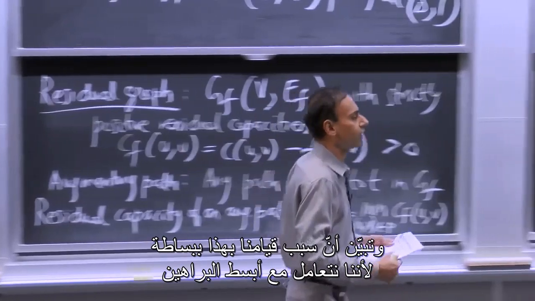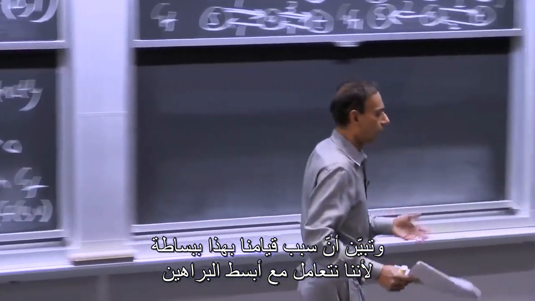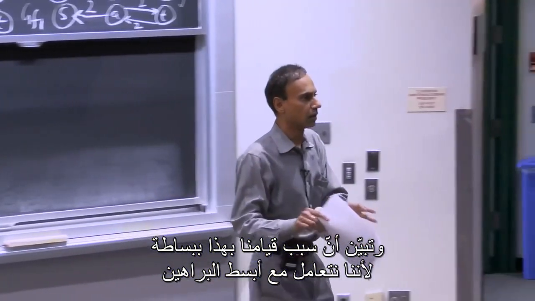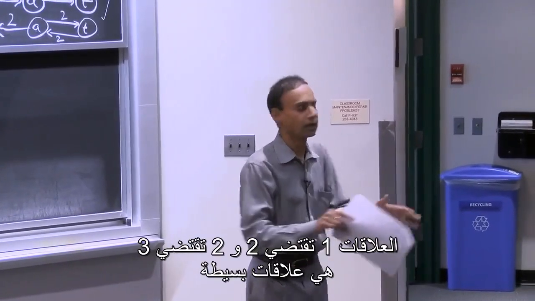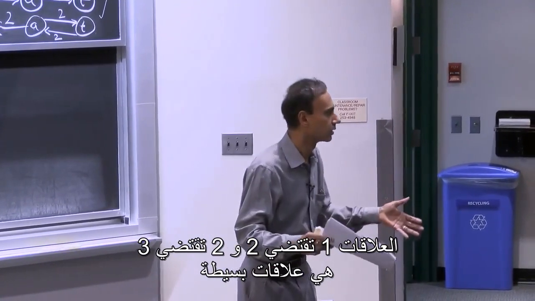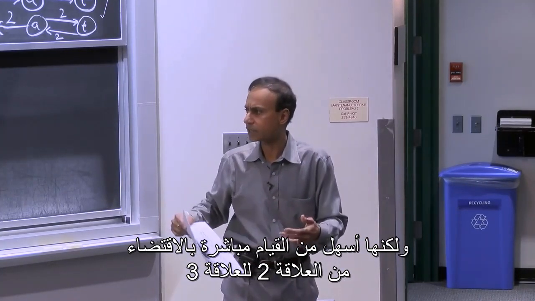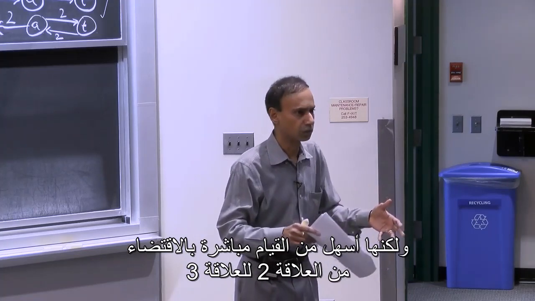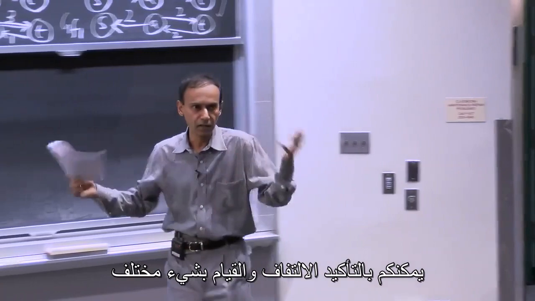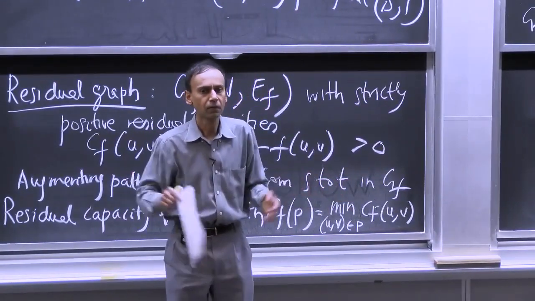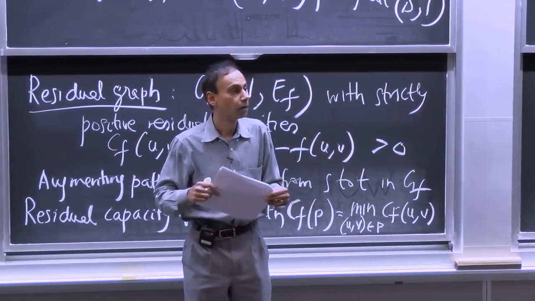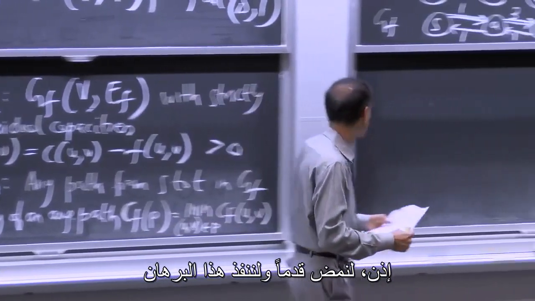And it turns out the reason we do this is simply because it makes for the simplest proofs. 1 implies 2 and 2 implies 3 are one-liners. And 3 implies 1 is a little more interesting and involved, but it's a little bit easier than directly doing 3 implies 2. Okay? So that's the way we're going to do this. You can certainly play around and do other things. All right? So any questions so far? Okay. So let's go ahead and do this.